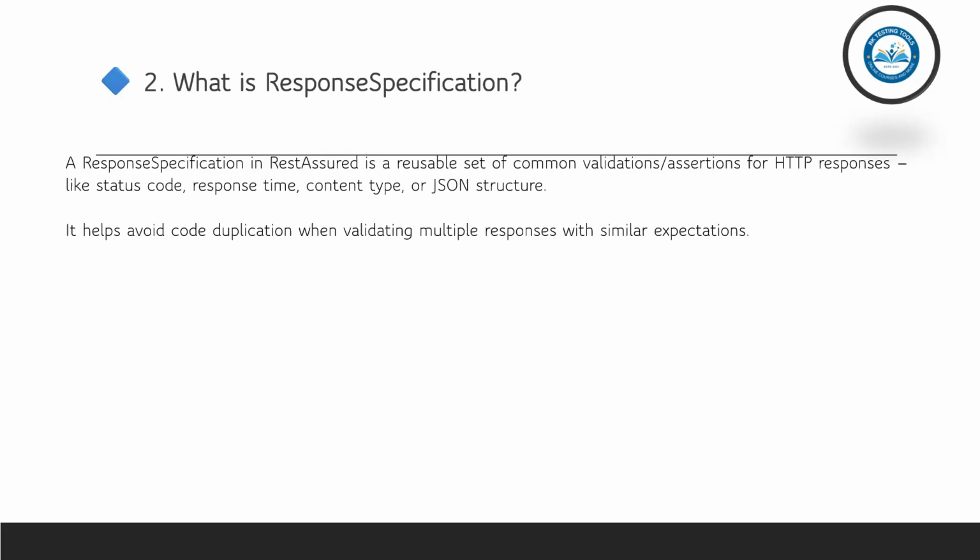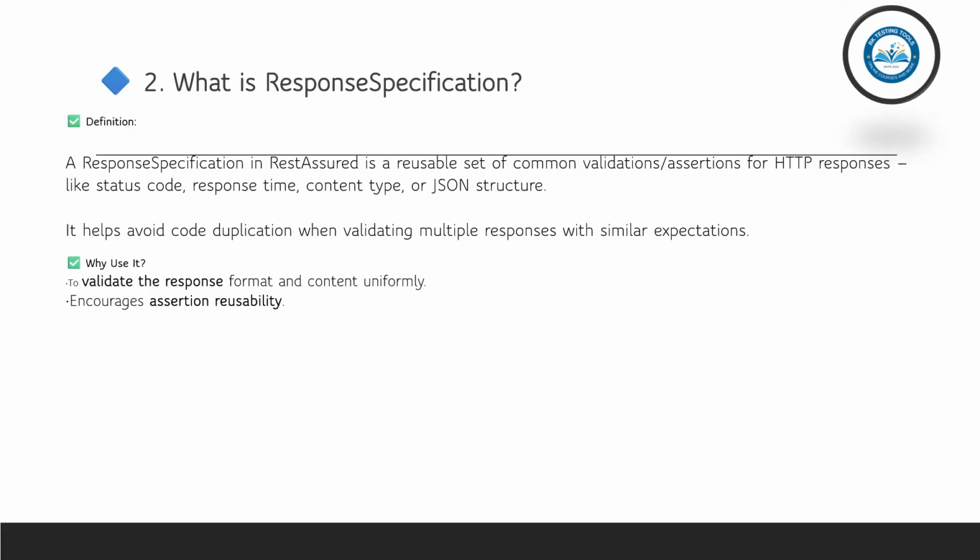Whatever validations you want to do against the API endpoint are the assertions we add in the response specification. This helps avoid code duplication when validating multiple responses with similar expectations.